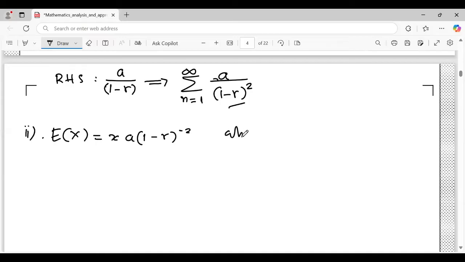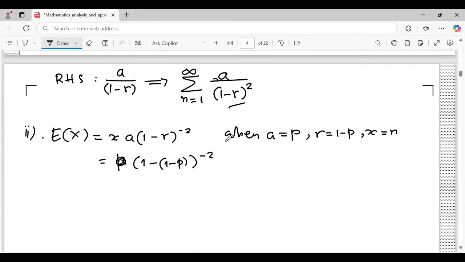And then when a equals p, r equals 1 minus p, and n equals 1, it becomes 1 times a times p, I mean, this is p, okay, times 1 minus 1 minus p, power minus 2, and it is p times 1 minus 1 plus p.